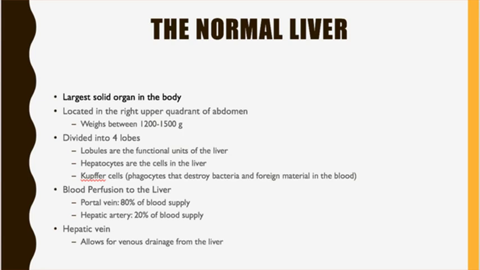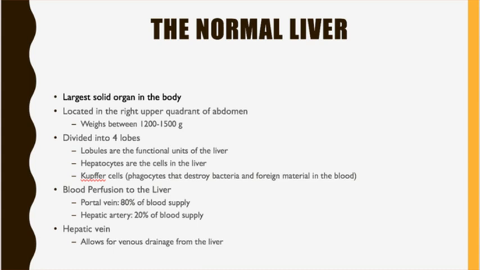The blood gets to the liver from 2 different ways, the portal vein and the hepatic artery. So 80% of the blood supply to the liver is from the portal vein. It is the vein that drains the GI tract, so it's really rich in nutrients, but because it's a vein, it does not have oxygen. The hepatic artery supplies the other 20% of the blood to the liver, and this one is rich in oxygen.